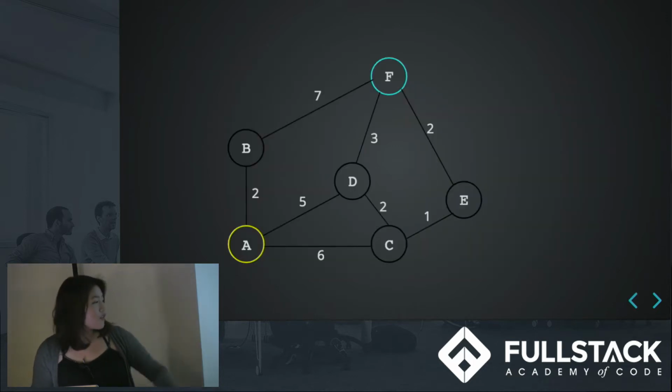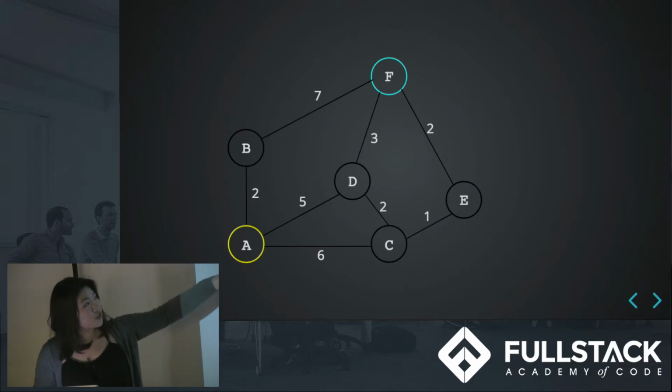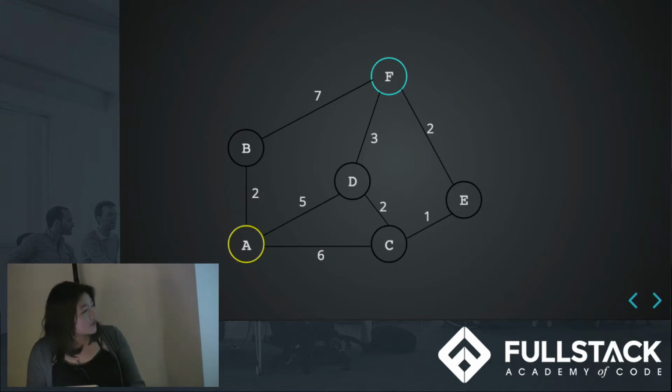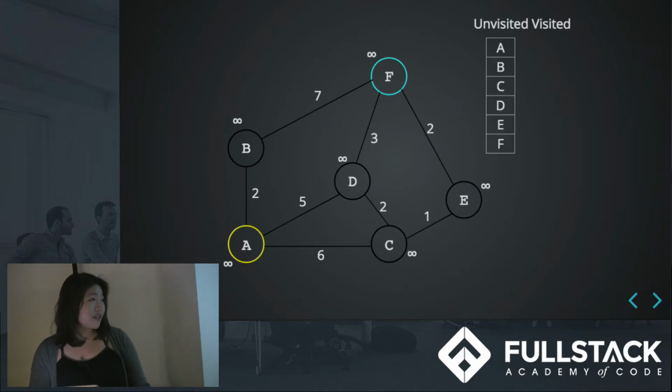So given this graph where we have source node A and target node F, the problem is looking for the shortest path from A to F. Before we begin, the very first step of the algorithm is to initialize all of the distances from the source to any node in the graph to infinity. That's because both of the algorithms that I'm going to be talking about today are based on the principle of relaxation, which is basically we just overestimate the solution as the algorithm goes on.